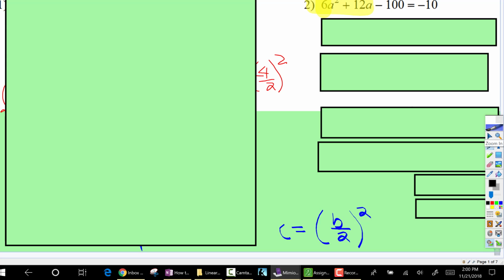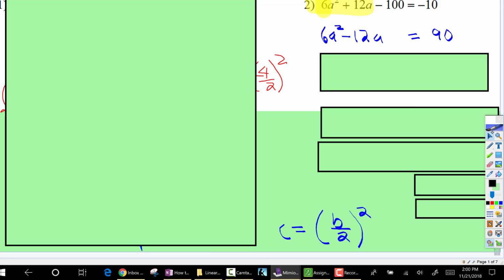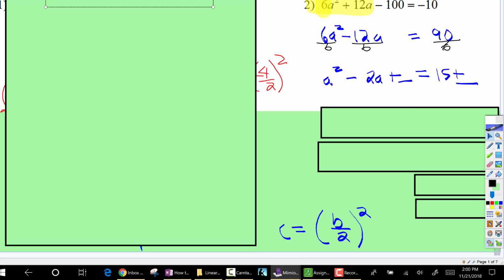So we would add 100 to both sides. But before we can work on completing the square, we need this lead coefficient to be 1. In order for that to happen, we would divide each term by 6. And then we simplify.